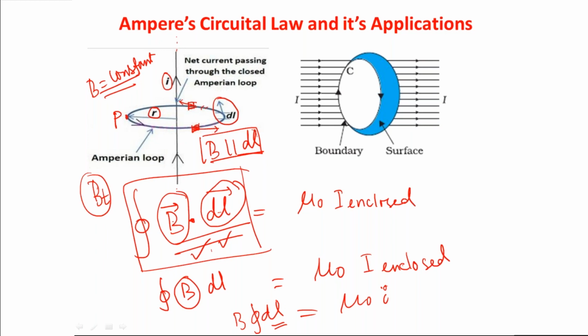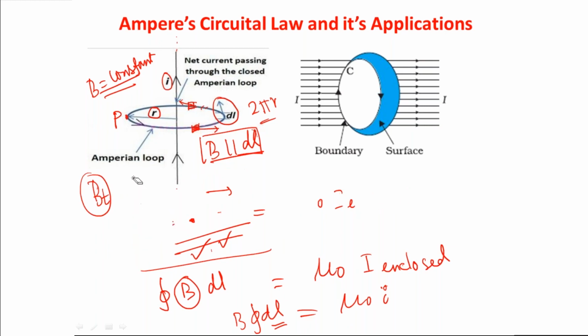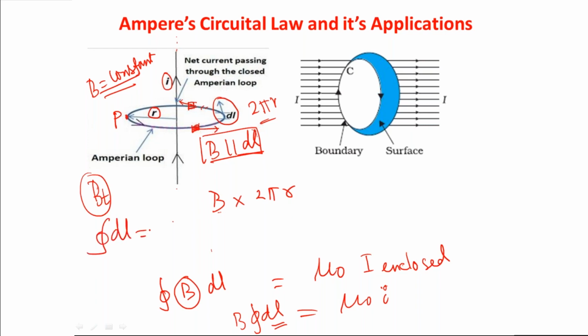If I take the integration of this dl, the integration of this length element over the whole loop will give you nothing but the perimeter of the circular loop. So what you will get is B into 2 pi r.